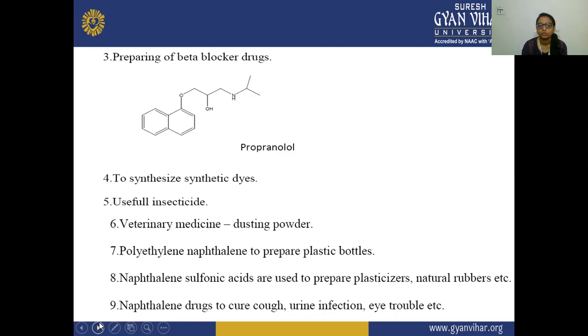Polyethylene naphthols are used to prepare plastic bottles, and naphthalene sulfonic acid is also used to prepare plasticizers or natural rubbers, etc. So this naphthalene drug is also used to cure cough, urine infection, and eye trouble.